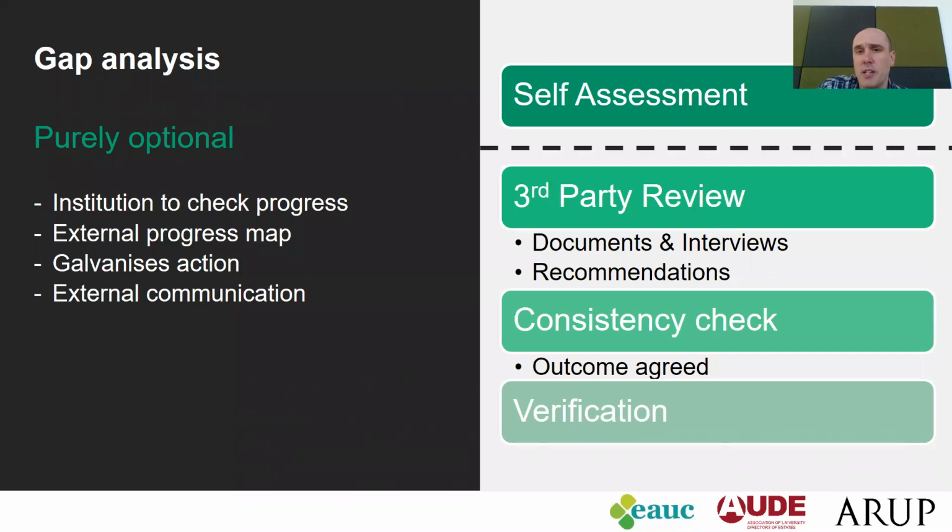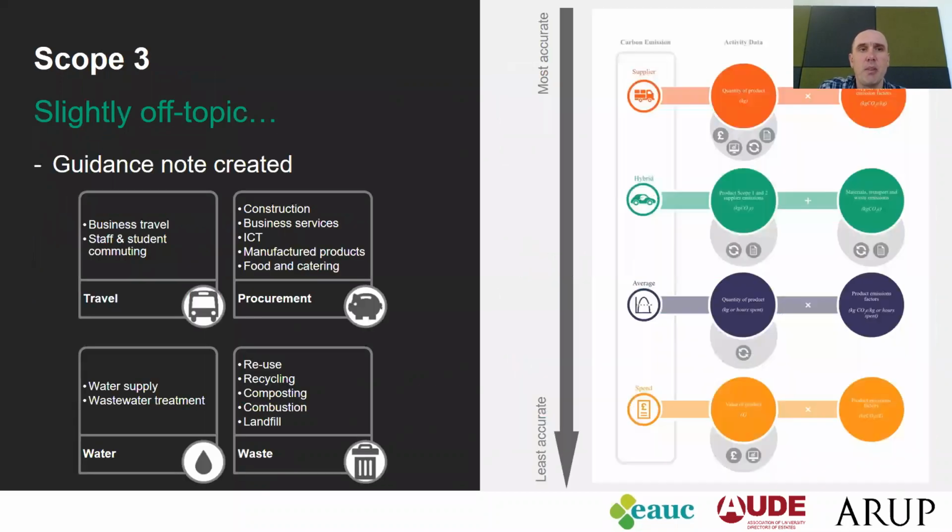This will then be checked for consistency by the EAUC, just to make sure that any number of third-party reviewers are giving a similar approach, and then the outcome will be agreed between the college, the third-party reviewer, and the EAUC, which will then lead to verification that will allow you to externally communicate your score to the wider world.